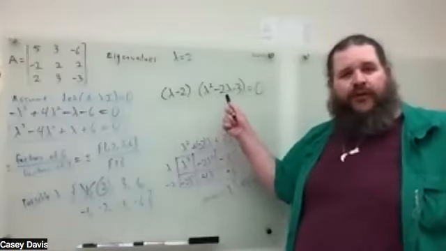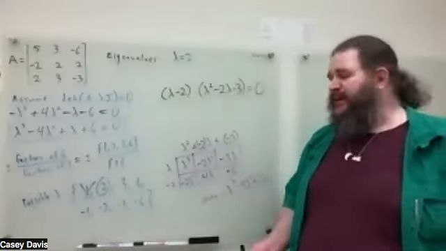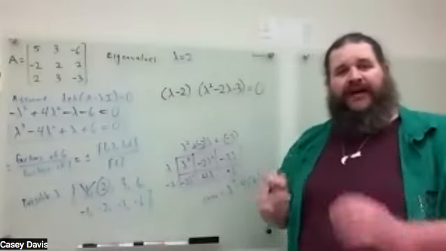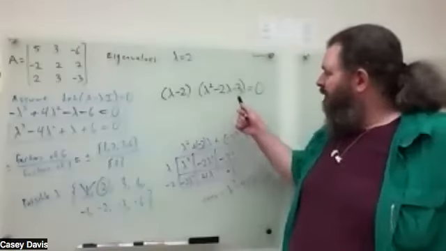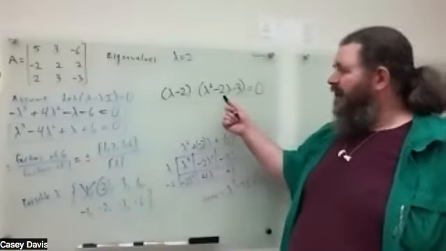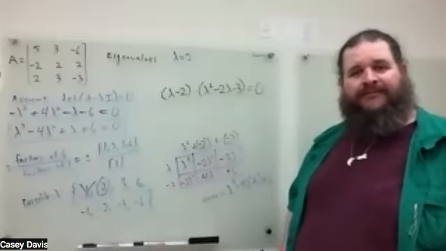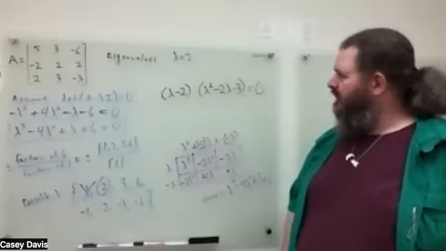And now what's left is just a quadratic. So we could either repeat the rational roots theorem with this more limited value, so we have an even smaller list of values to try out, or we might be able to just factor this. Do you see an easy way to factor lambda squared minus 2 lambda minus 3? Does that factor nicely?